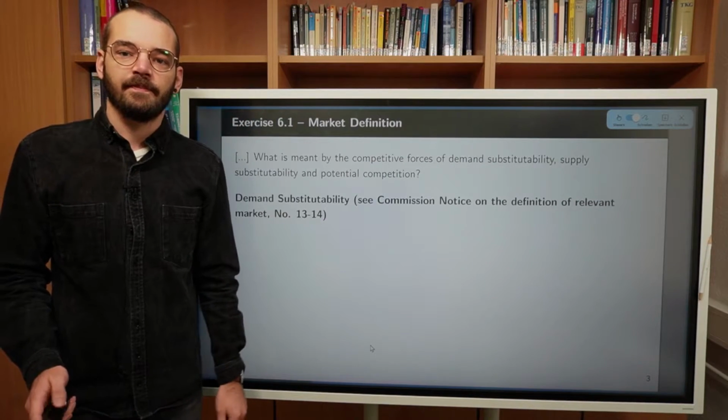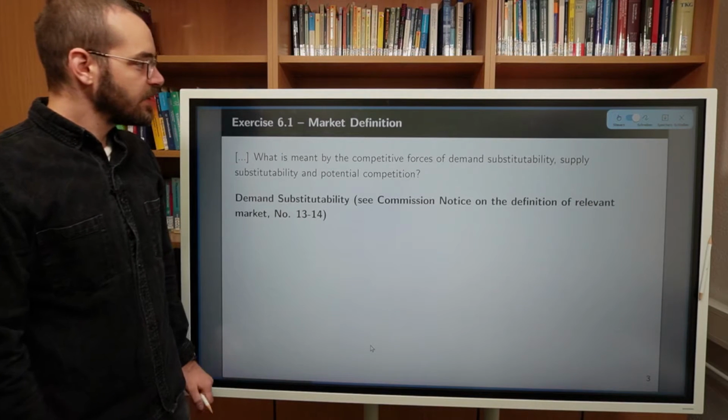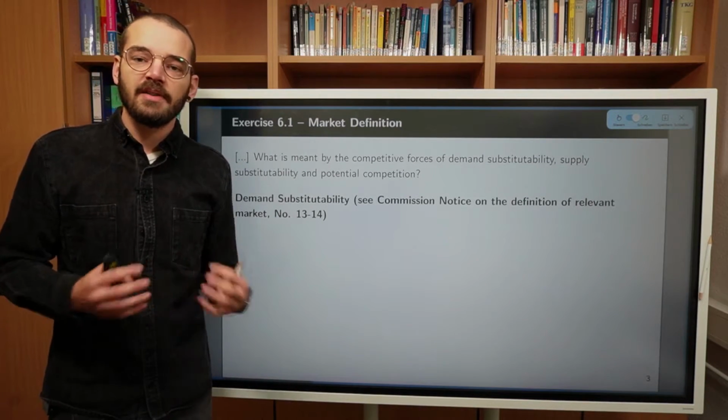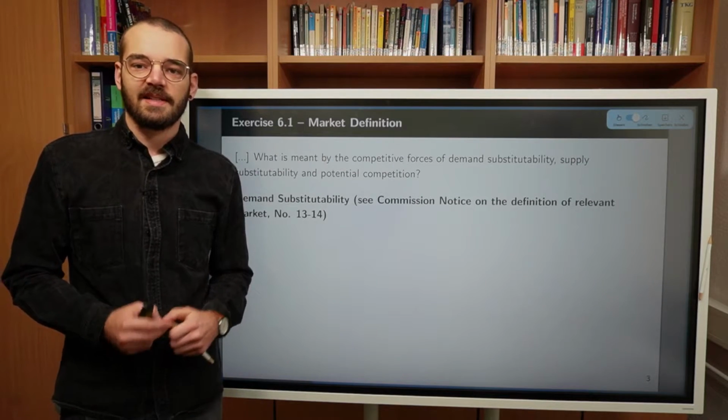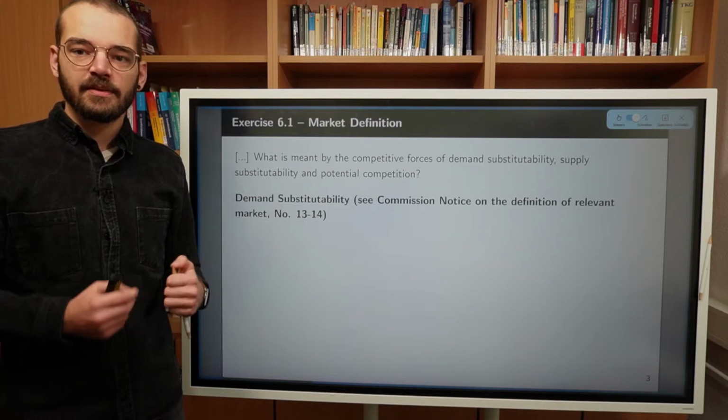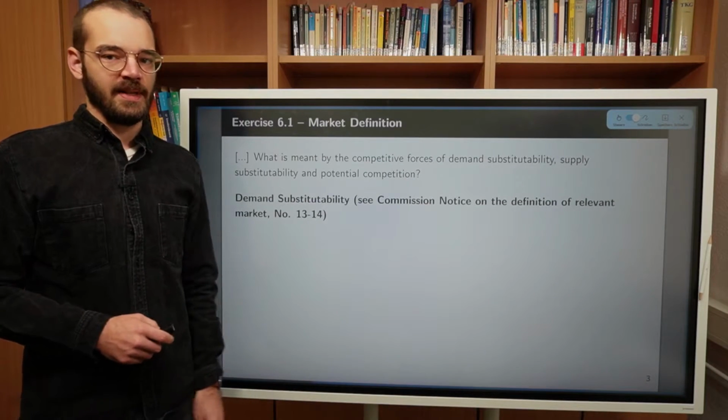All right. Now let's talk about the first concept we are asked to discuss within this exercise, namely the competitive force demand substitutability.